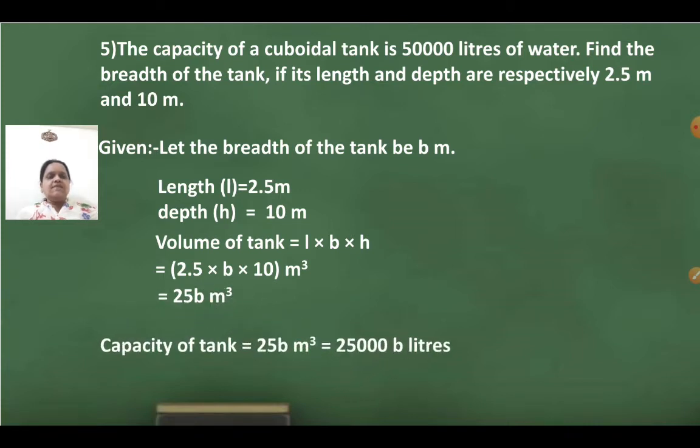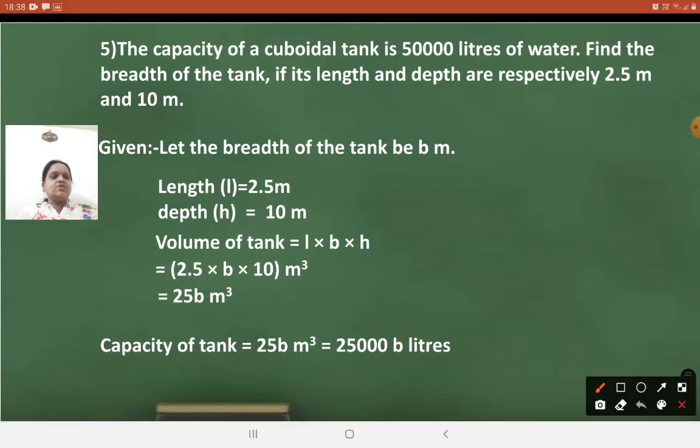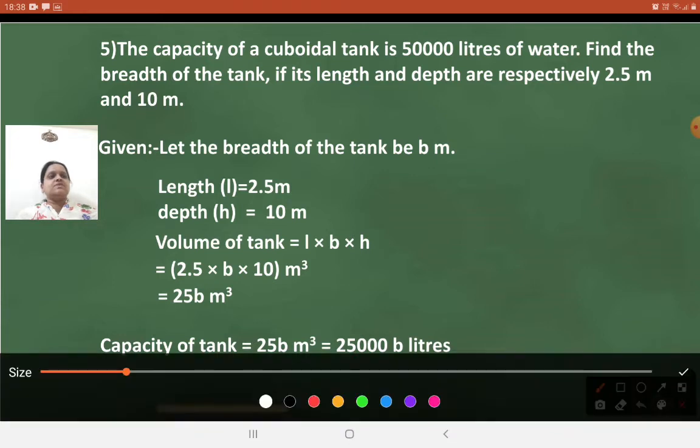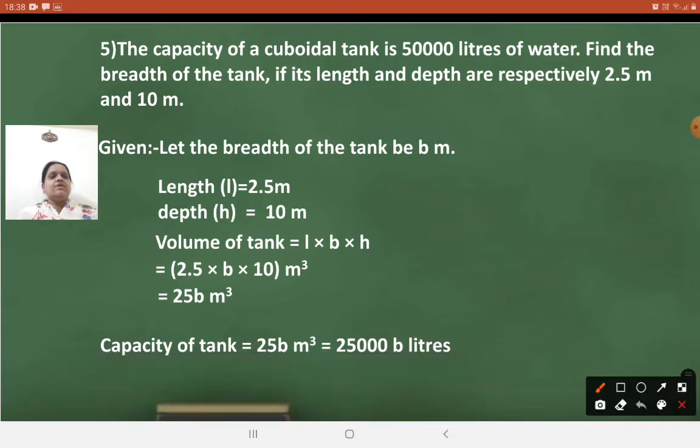Now, what is given? The volume we got is 25 B, but it is in meter cube. What is the relation between meter cube and liters? We have solved such a sum before: 1 meter cube is equal to 1000 liters.